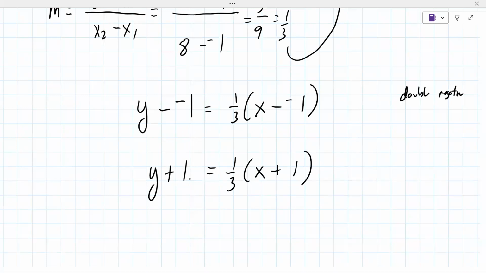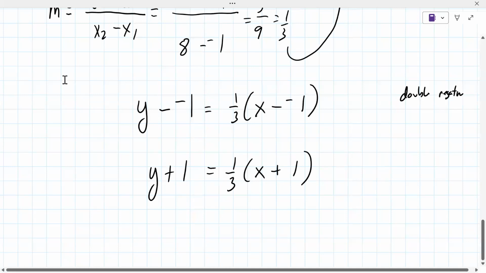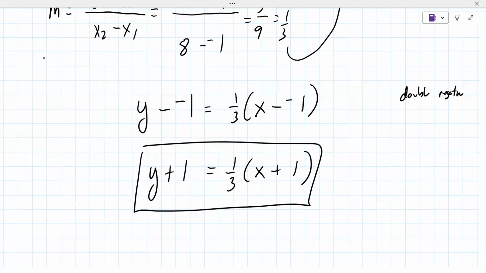Math's full of exceptions, right? If it's a double negative, yes, you have to simplify the signs. Right. Yes, that is your final answer.